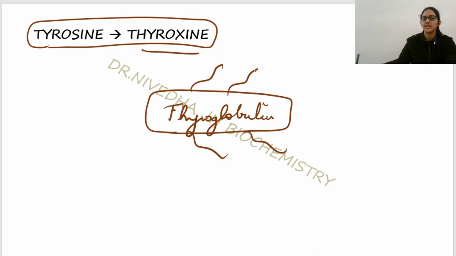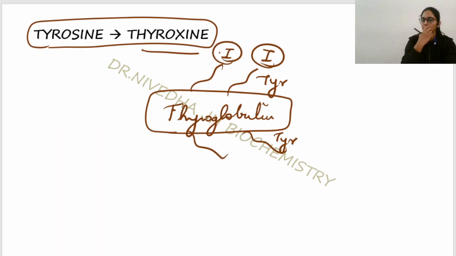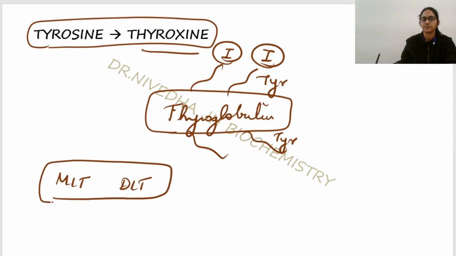When these tyrosine residues get iodinated, they can form monoiodotyrosine and diiodotyrosine.